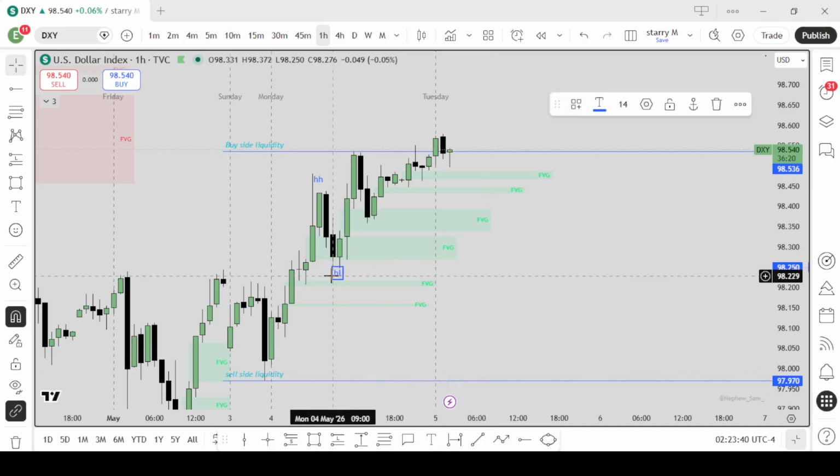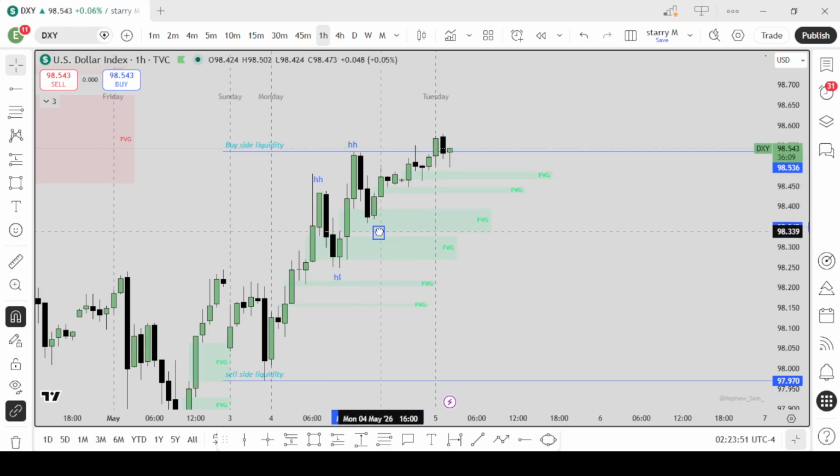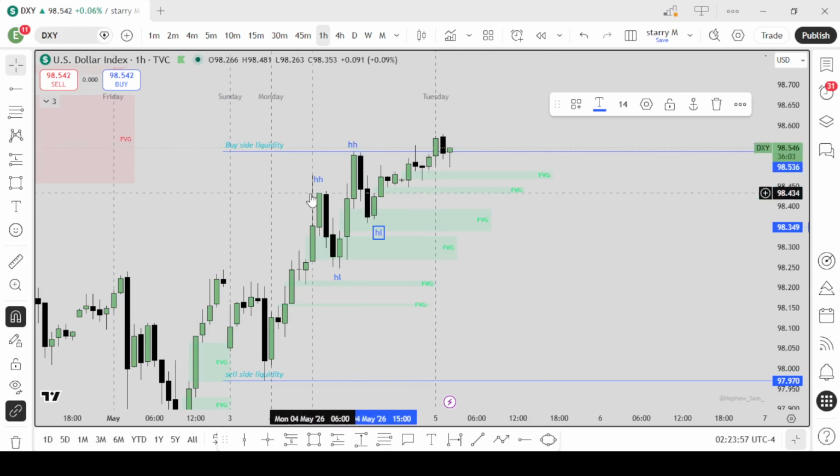We mark out our structures. This is, yes, this.